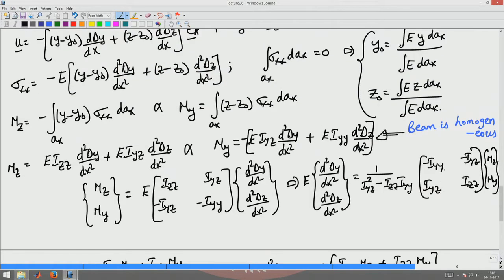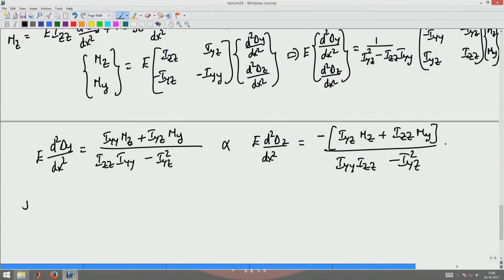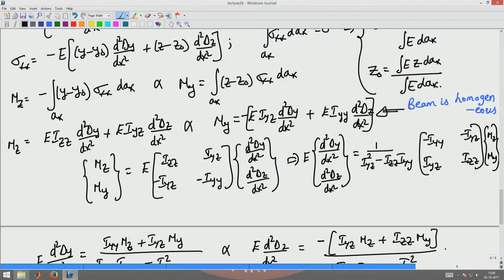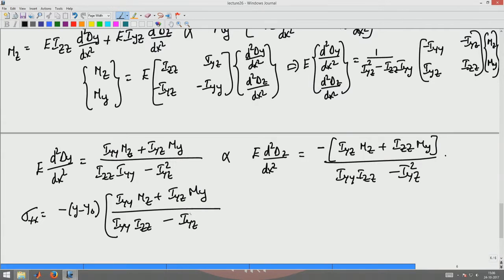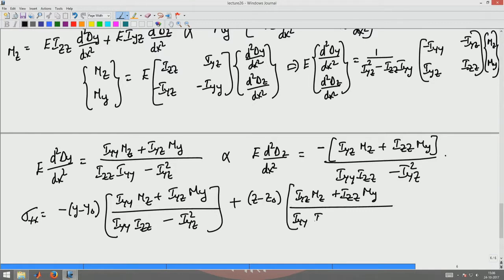Now, going back to the expression for the stress, sigma xx would be minus (y minus y naught) into (I_yy M_z plus I_yz M_y) divided by (I_yy I_zz minus I_yz squared), plus (z minus z naught) into (I_yz M_z plus I_zz M_y) divided by (I_yy I_zz minus I_yz squared).